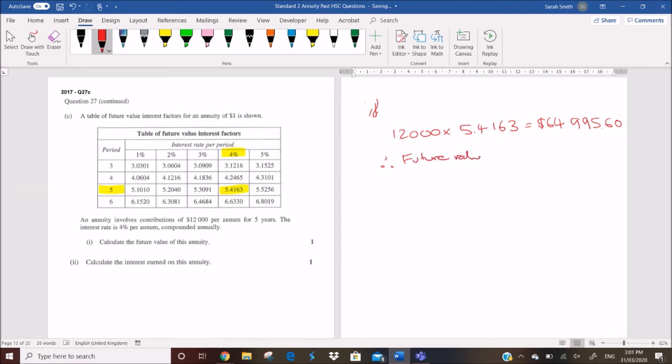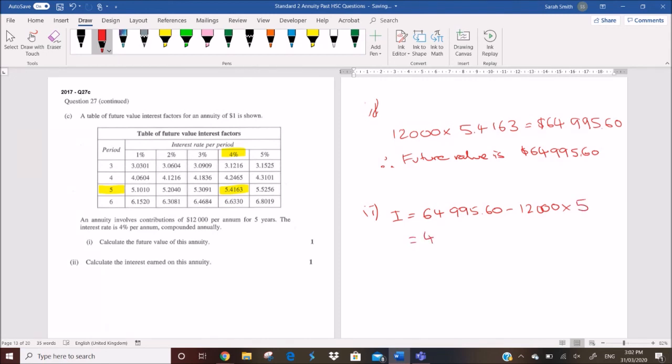So we can say, therefore, future value is $64,995.60. In part 2, it is asking us how much interest is earned. So our interest is going to equal the final value minus all of our payments. So over the 5 years, we've made 5 repayments.